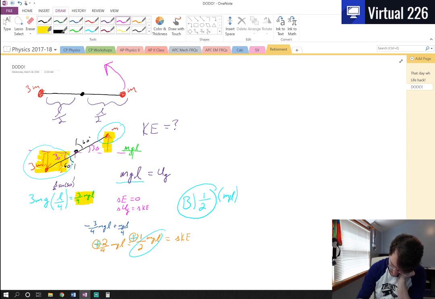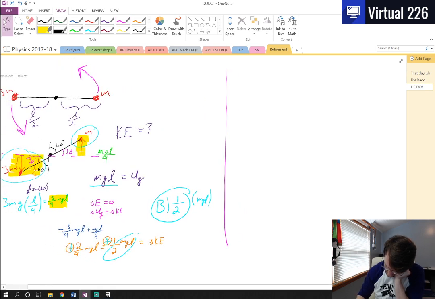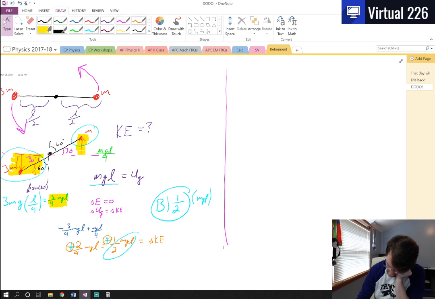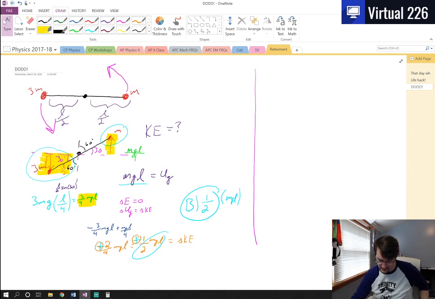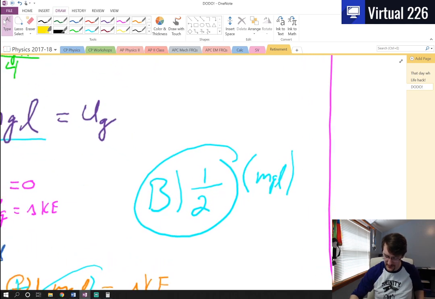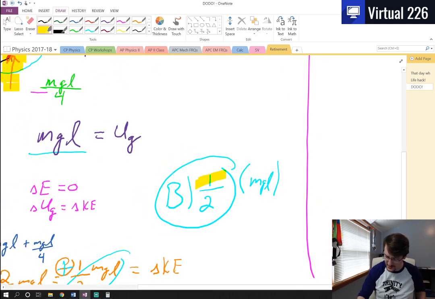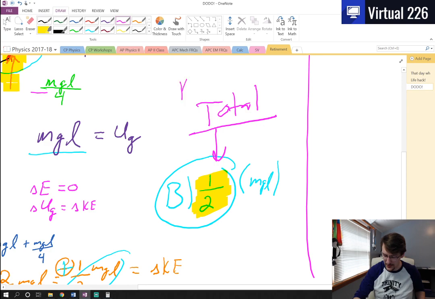Since these objects are rotating, then... oh no, you know what? Yeah, we have to split them. It's not even a rotation thing. This is the total. This is the total kinetic energy of the system.